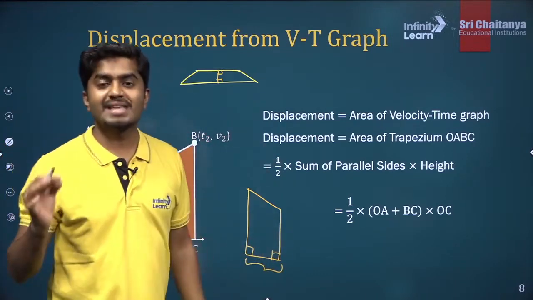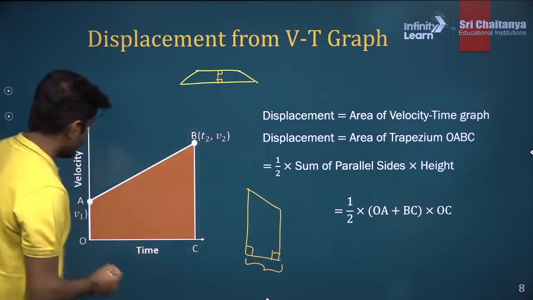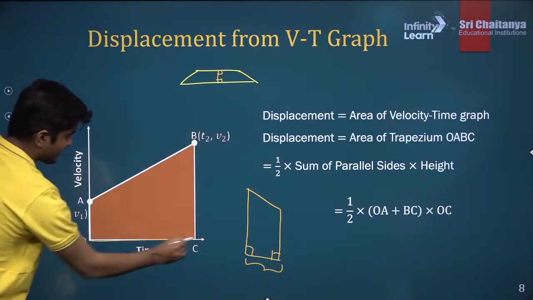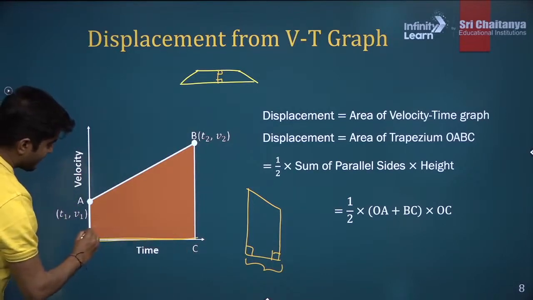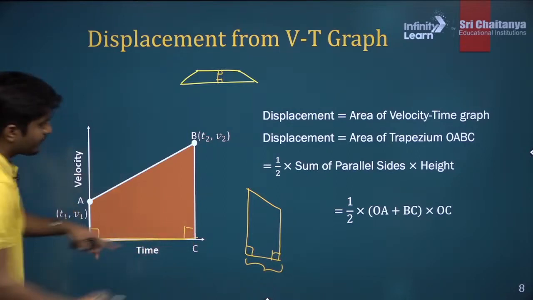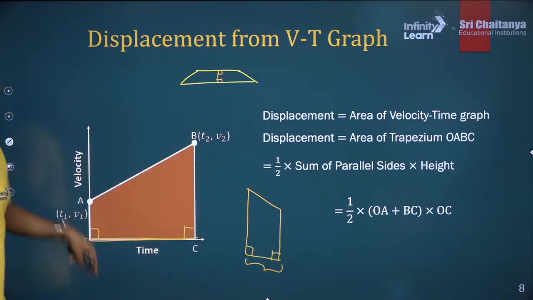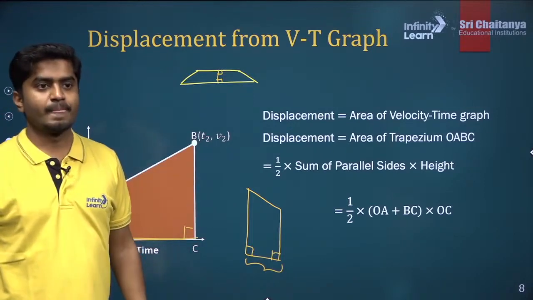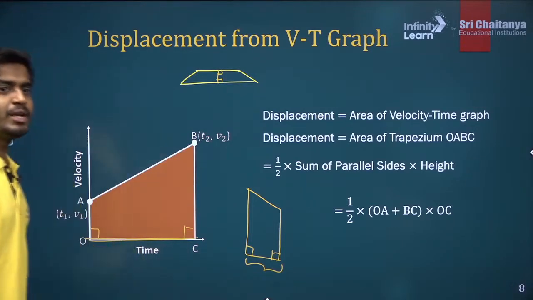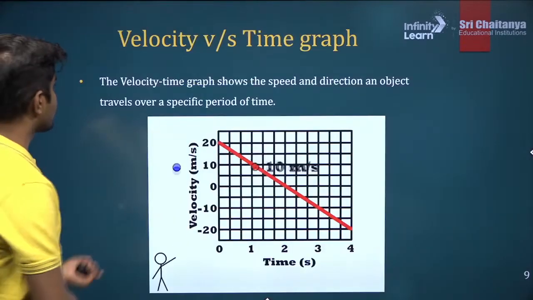Now, let's suppose the parallel sides are something like this. The segment which makes a 90-degree angle with the parallel sides is called height, correct? So now this line OC makes a 90-degree angle with these parallel sides. So that is why it is called the height of this trapezium. Okay? We'll go to the problems and solve some questions.